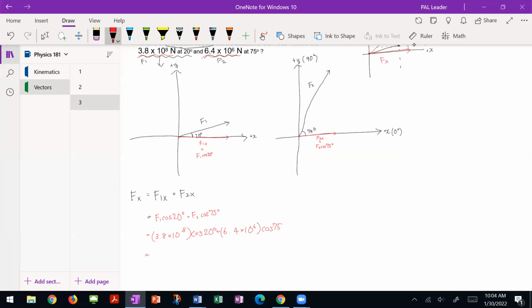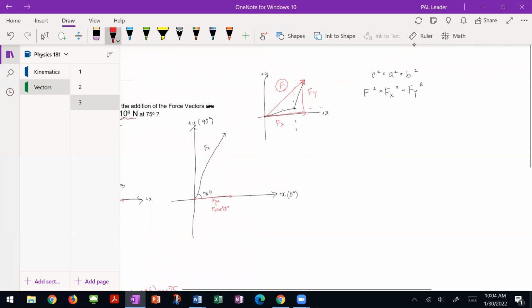Now calculate that, and I believe you should get something like 3.6 times 10 to the power of 8 newtons. So that is our Fx.